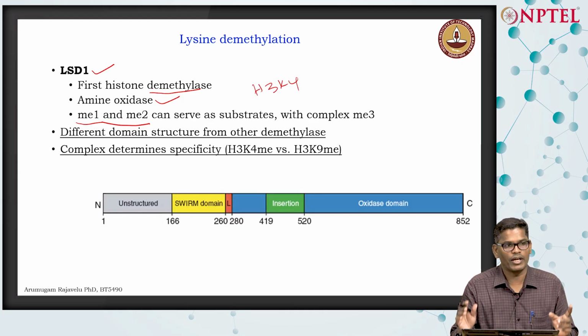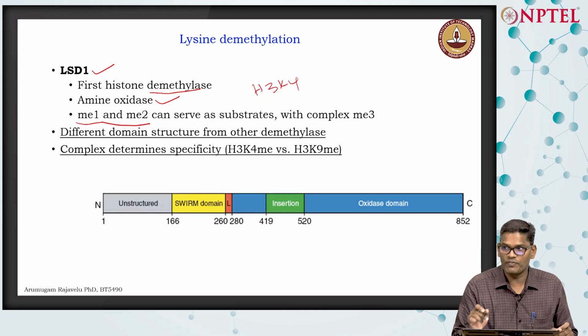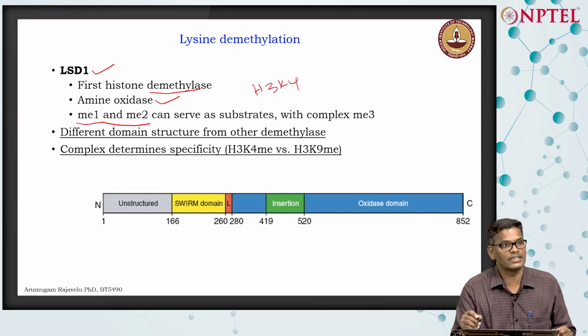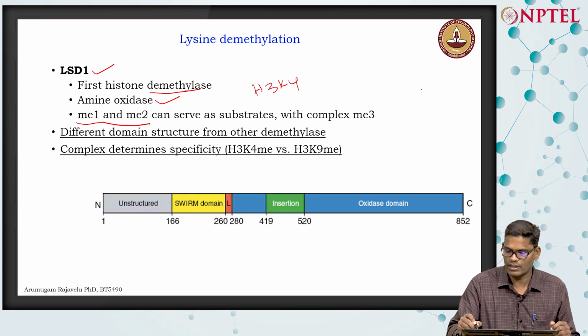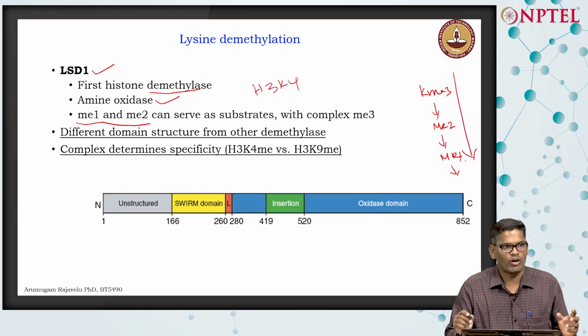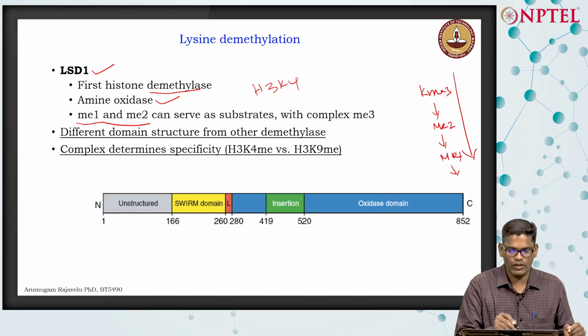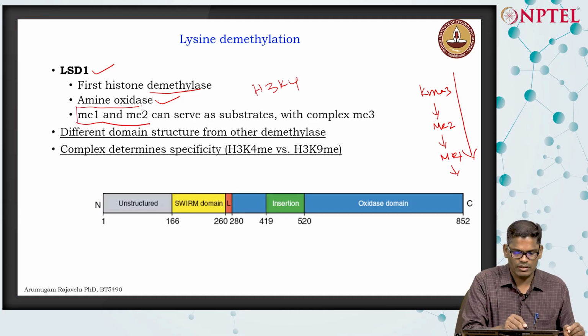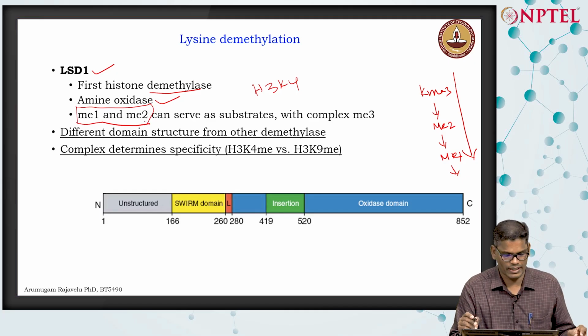But in biochemical studies at the in vitro level, it efficiently demethylates di and mono compared to the tri, which tells us that in cells it possibly needs another complex of proteins for efficient demethylation of Me3 to Me2, followed by Me1, then Me0. So, in a cell it maybe needs complex proteins, but at the in vitro level it efficiently demethylates mono and di compared to the trimethylations.